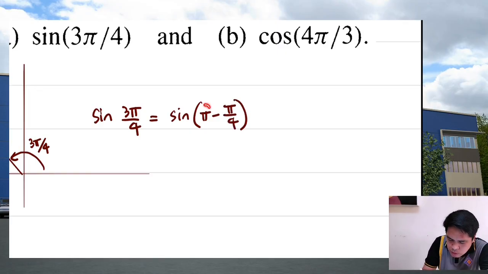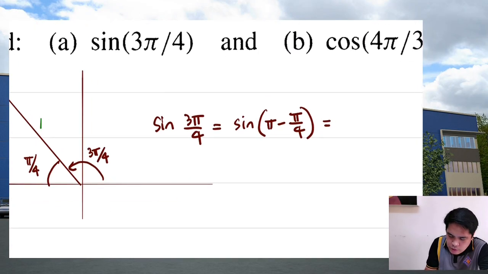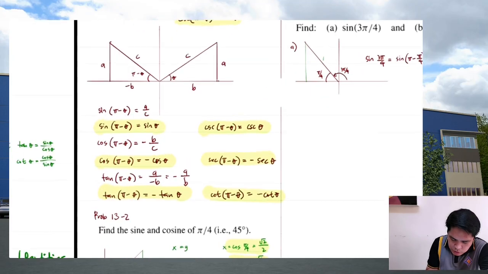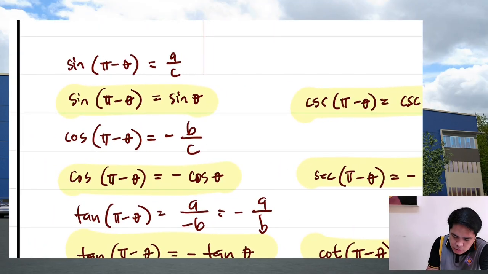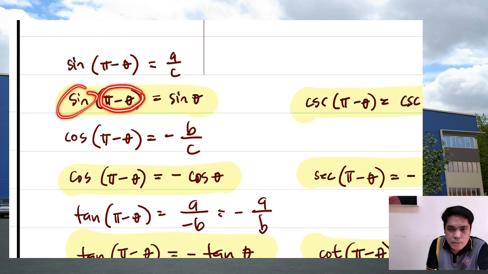Since we are using pi here, that means supplement. And what is the supplement identity for sine? Let's go back to the identity. The sine of the supplement, pi minus theta, is sine theta.